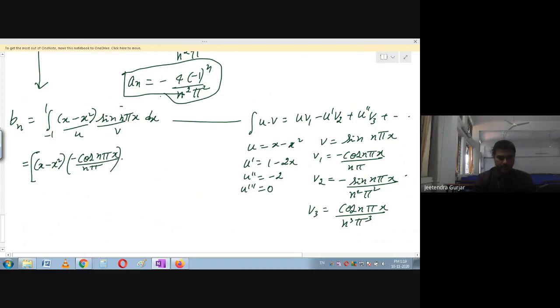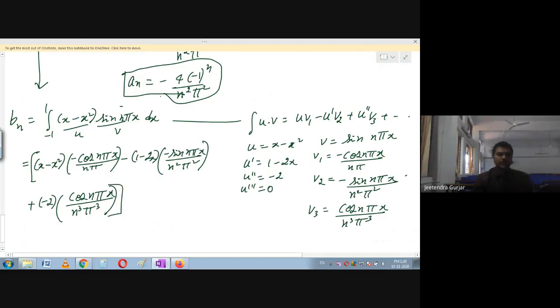Then minus u dash, which is 1 minus 2x, times v2, minus sine n pi x upon n square pi square. Then plus u double dash, minus 2, times v3, cos n pi x upon n cube pi cube. We complete here because u triple dash will be 0.